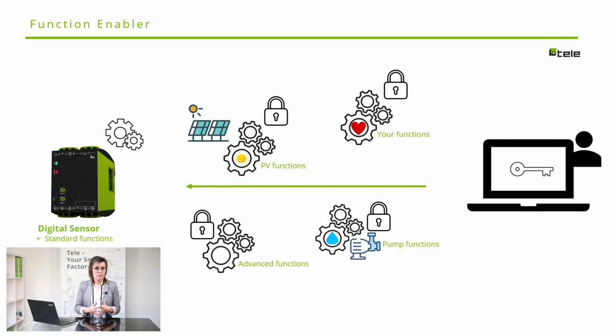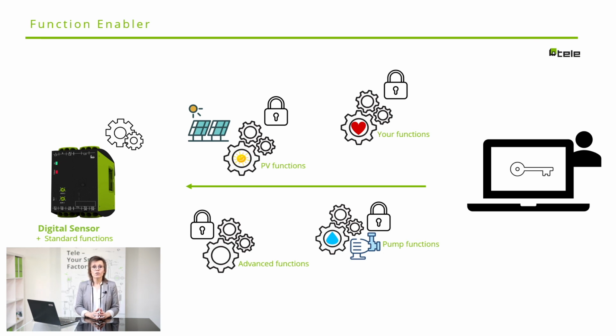The aim is that we have only one hardware device and lots of configurable software options. We offer fixed high-end functions in the base unit. Customers can buy and activate advanced analytic parameters or predefined functions like pump monitors on demand. These advanced features can be activated by enabler codes.